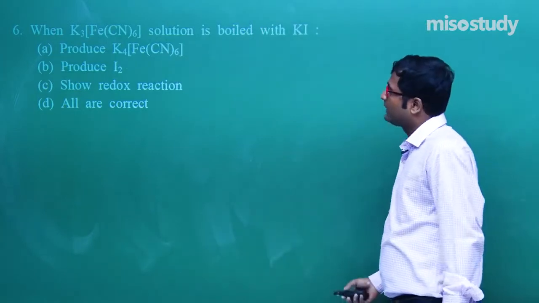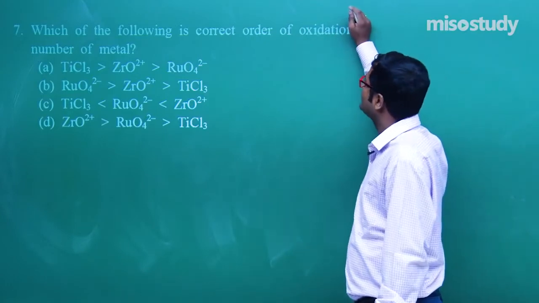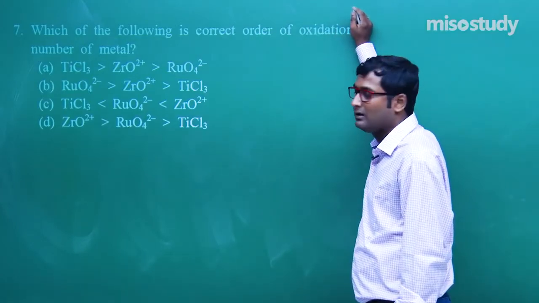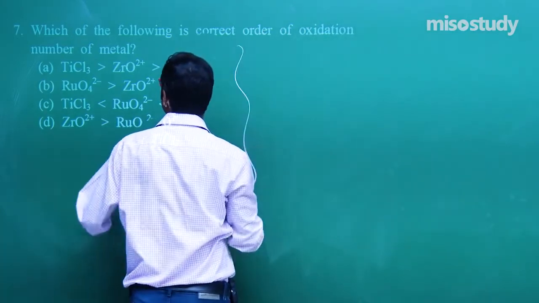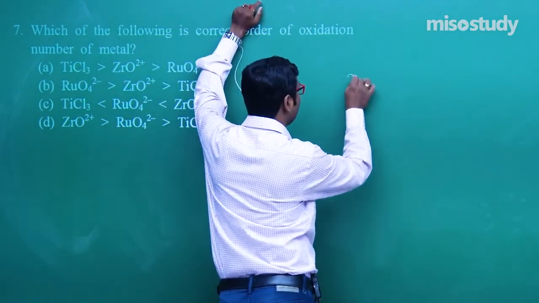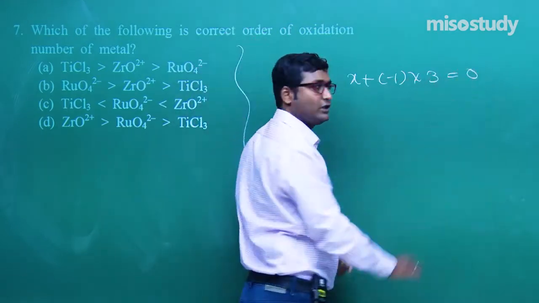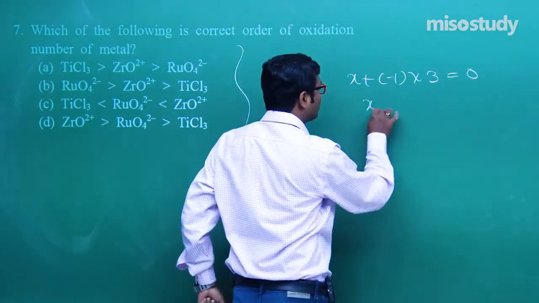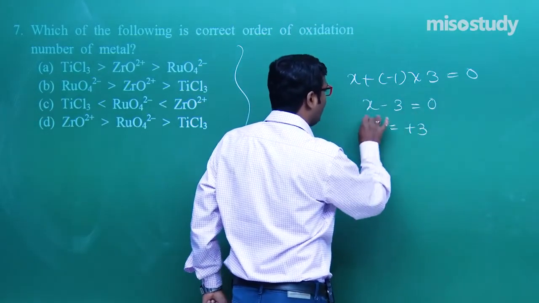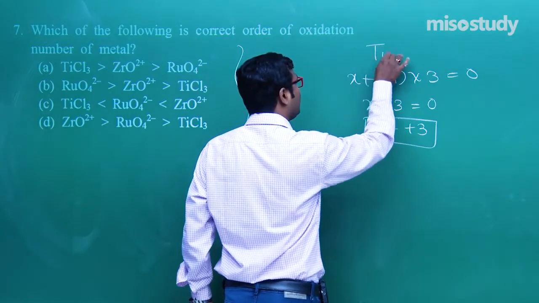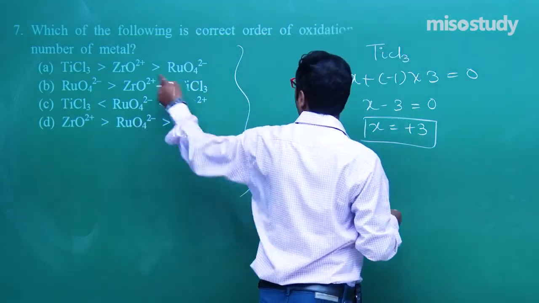Now, next one, question number 7. Which of the following is the correct order of oxidation number of the metal? Find out the oxidation state in each case. If I talk about TiCl3, X plus (-1) into 3 is equal to 0, so X minus 3 is equal to 0, and X is +3. In TiCl3, Ti has oxidation state +3.